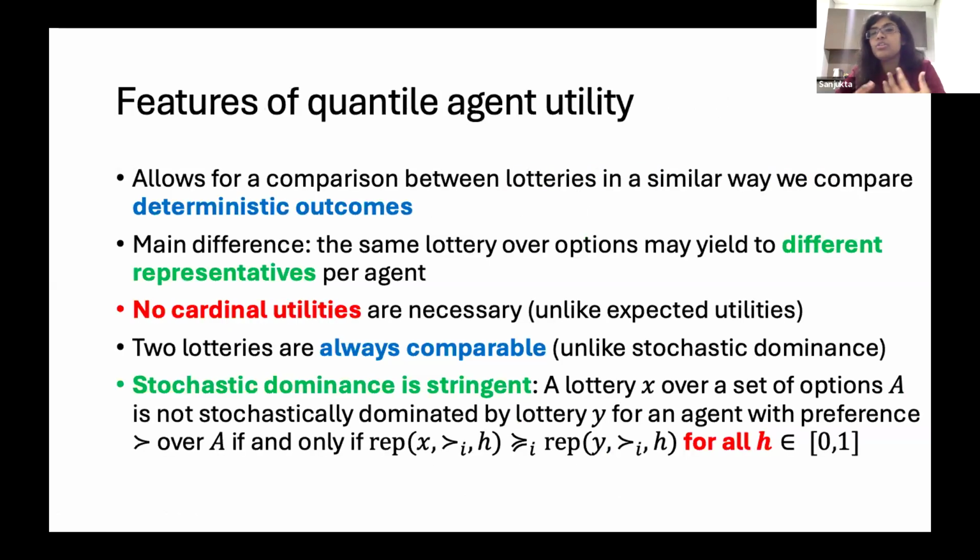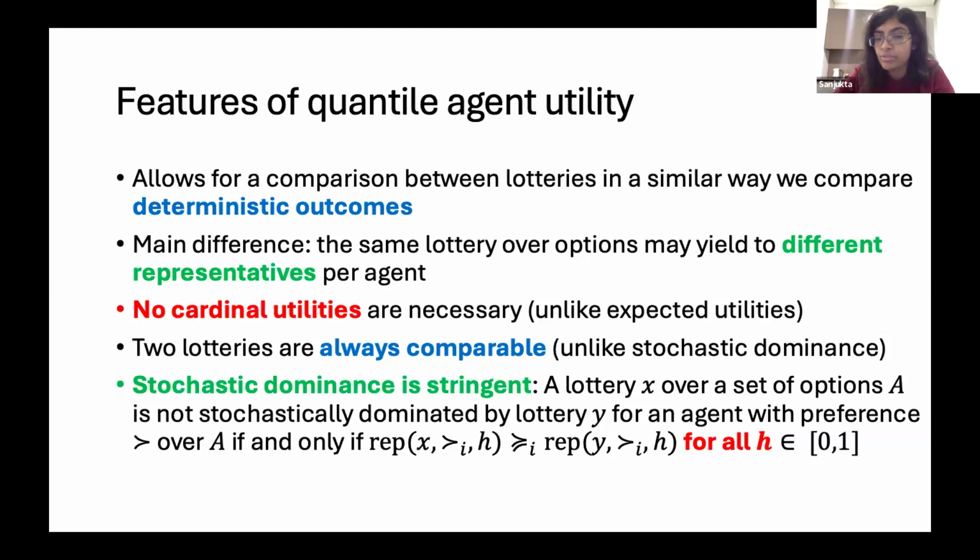So the features of quantile agent utility are, firstly, that for every lottery we define a particular option as the representative. So the comparison for the agents is very akin to deterministic outcomes, and it may happen that different agents have different representatives.